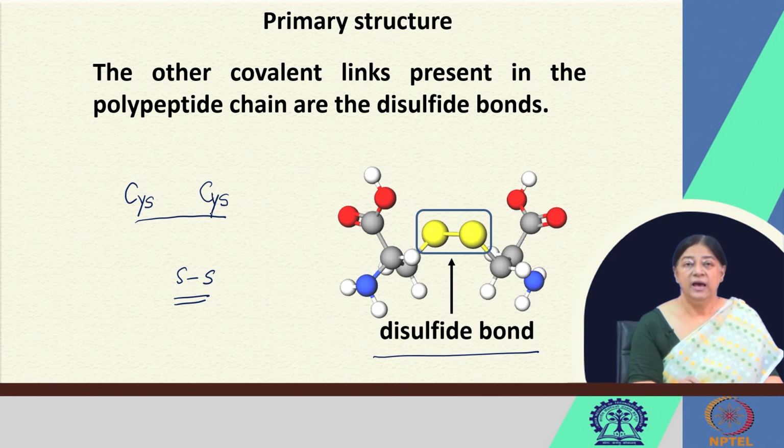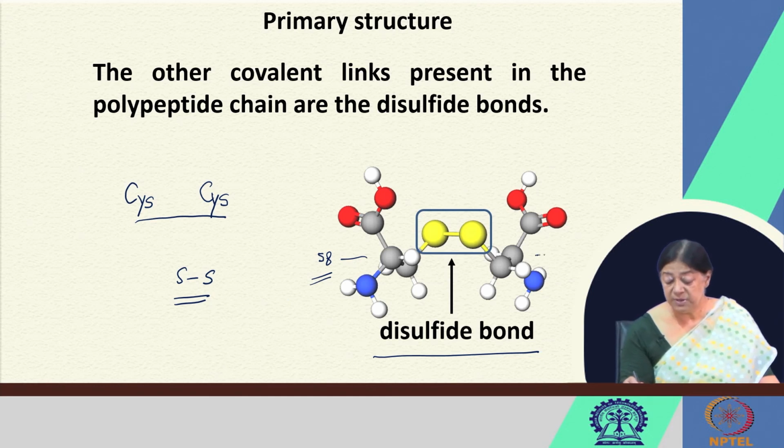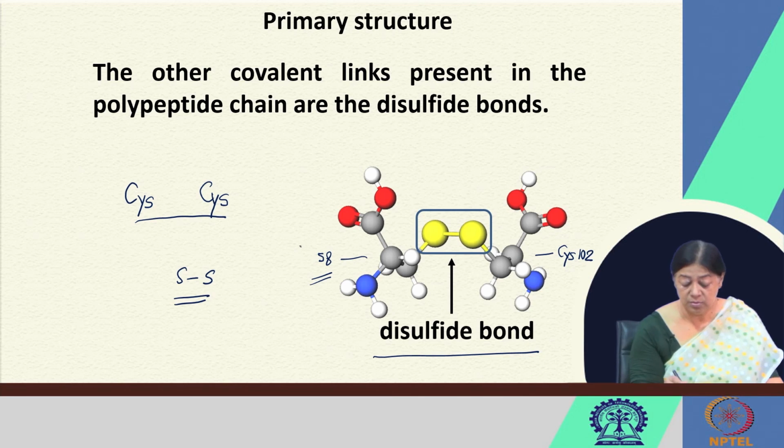cystine, and this is helpful in bringing a folded structure in terms of having different parts of the polypeptide chain link together. This may be cysteine number, say, 58. This may be cysteine number 102 in a large protein.